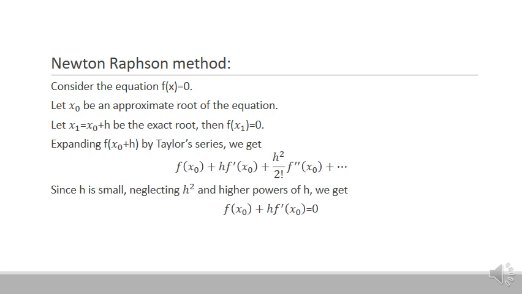We get f(x0) + h f'(x0) = 0, where h can be rewritten as h = -f(x0)/f'(x0).